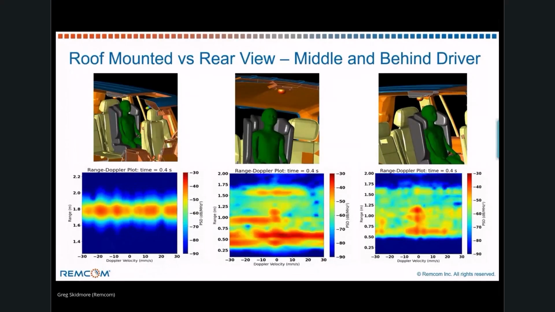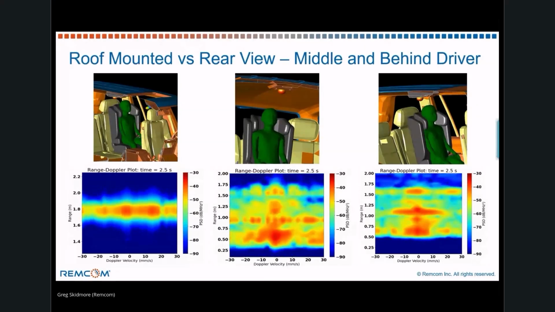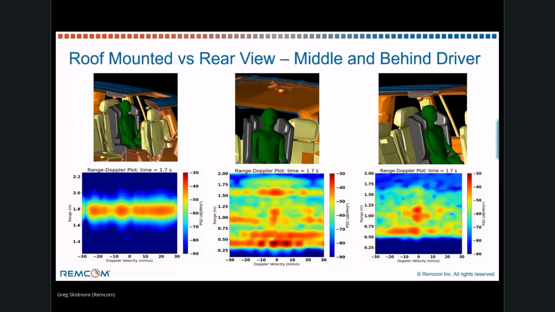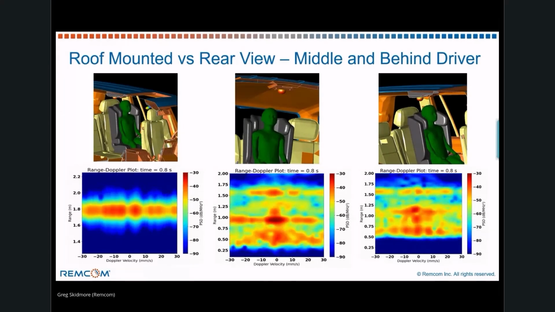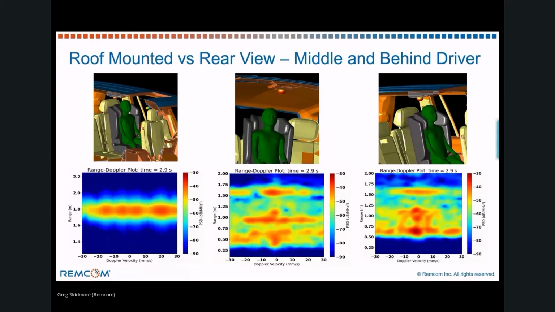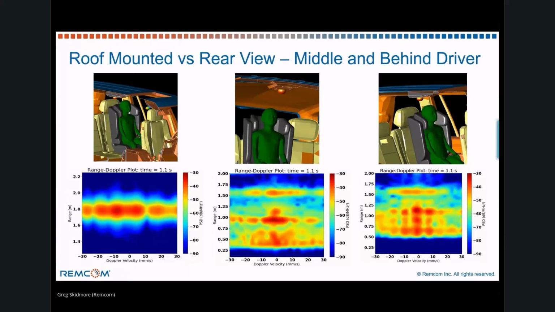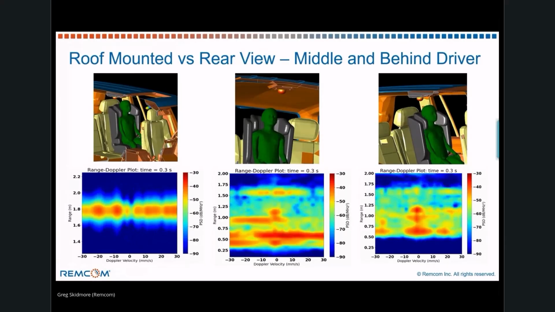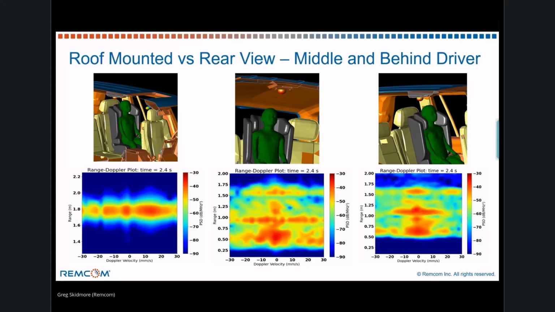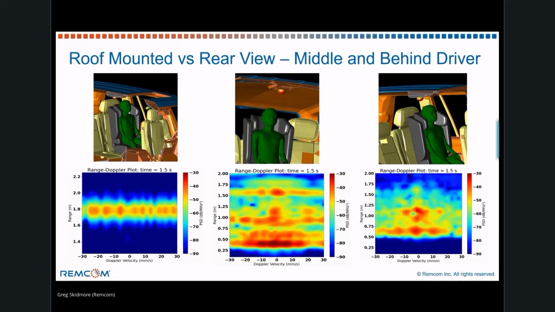So we could start doing things like subtraction or maybe even machine learning on data sets like these to determine occupancy detection or likelihood of seating.